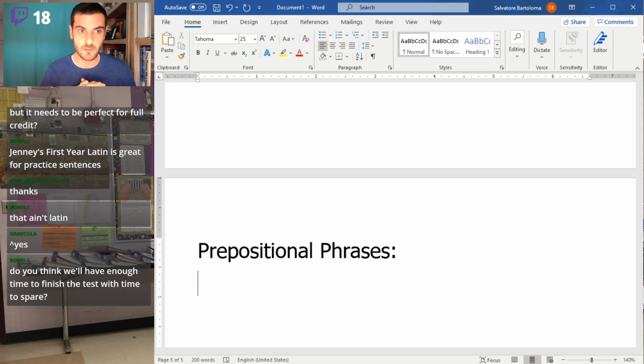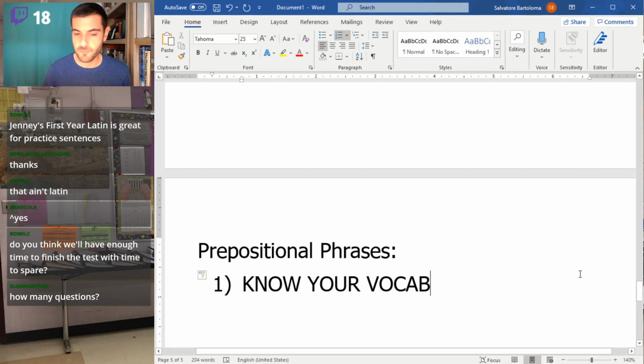But if you're spending 15 minutes on a verb chart, you're in trouble. You want to make sure that you get the easy points and you get them quick. I think you should have about 30 to 40 minutes to do the translation and the sentences, if you take care of business on the other stuff.